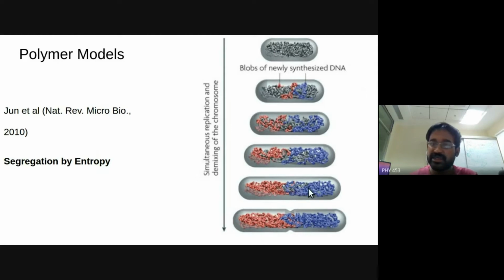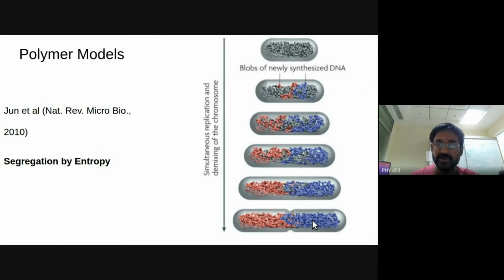The E. coli chromosome being a ring polymer, now there are two ring polymers, and if they spatially segregate, they have access to more conformations, and as a result their conformational entropy is higher. Therefore, there's an effective repulsion between the two daughter chromosome ring polymers, which is purely entropic in origin.